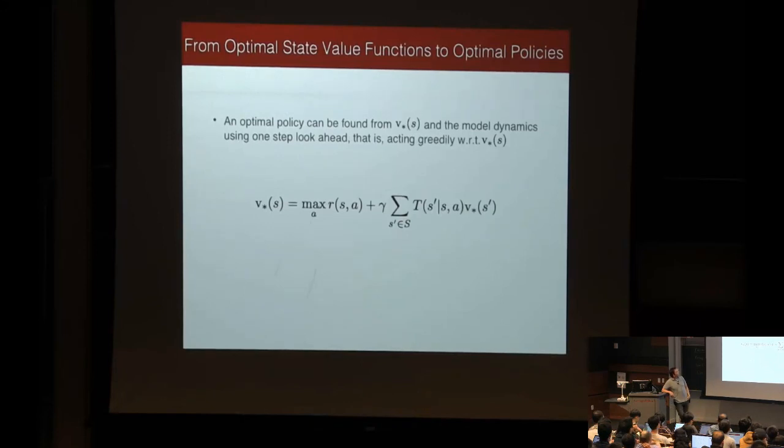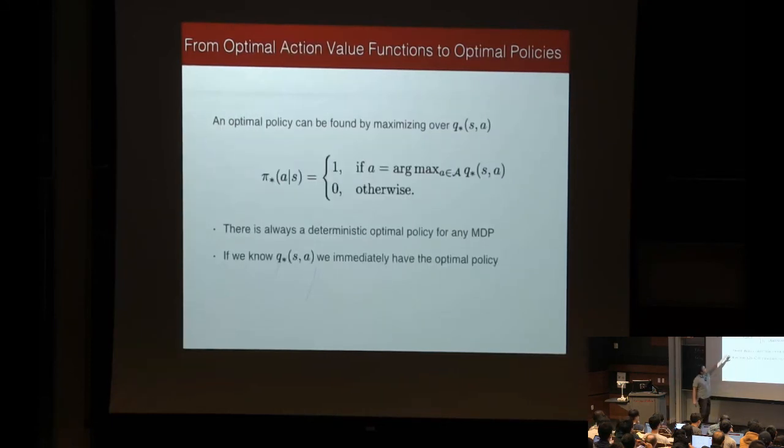And now, an optimal policy can also be found from the optimal values of the states. If you have the model dynamics, you can just do a one step lookahead and act greedily with respect to the optimal value of the state.